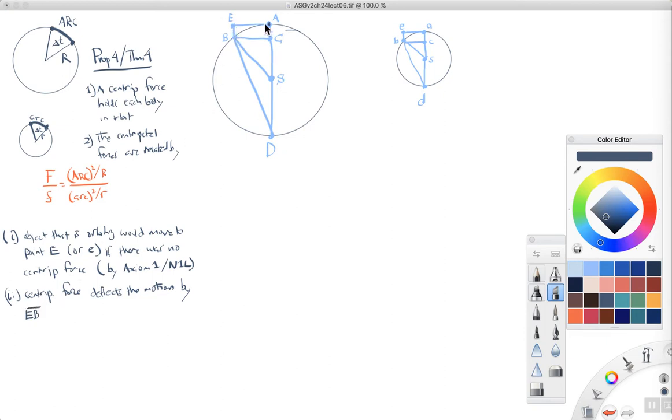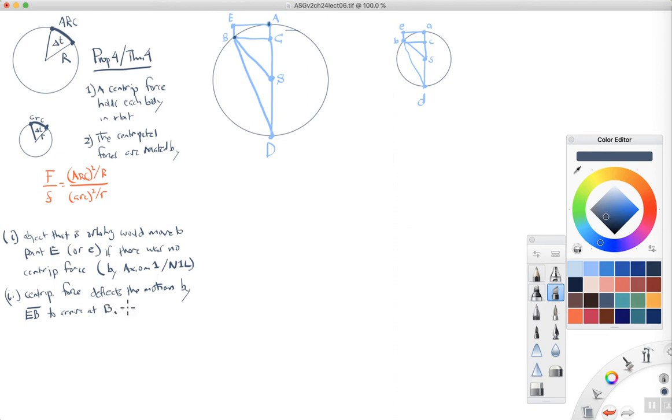So this line segment. Whereas it would have ended up over at E, instead it ends up at this point right here, which is deflected by a length EB. So it's deflected by length EB to arrive instead at point B, right?